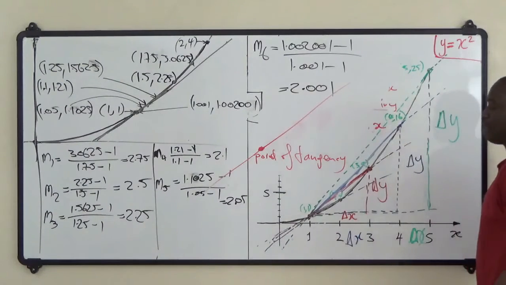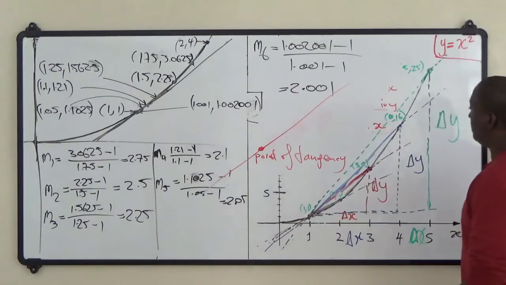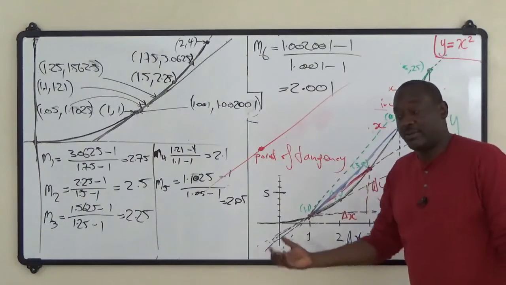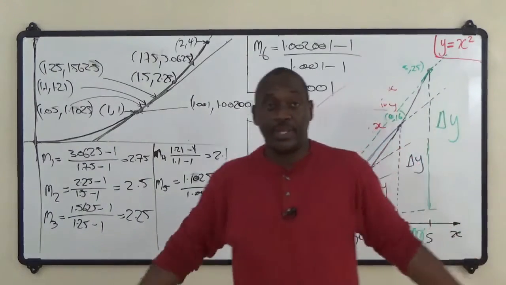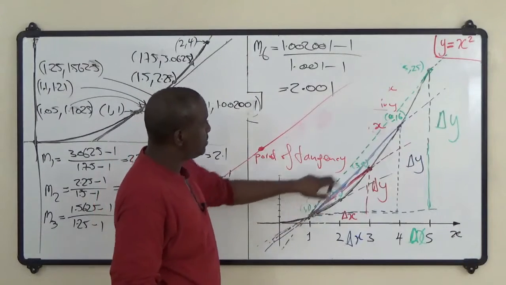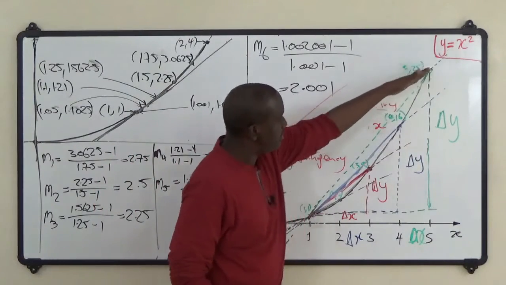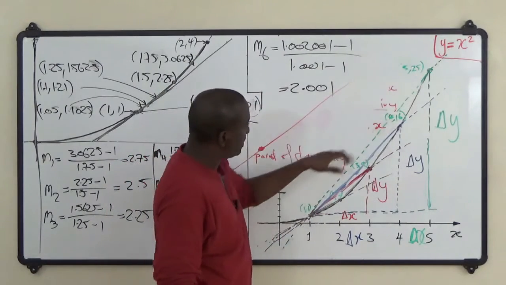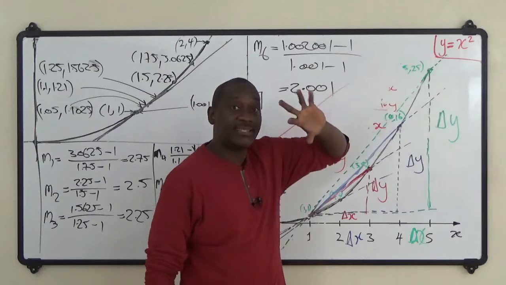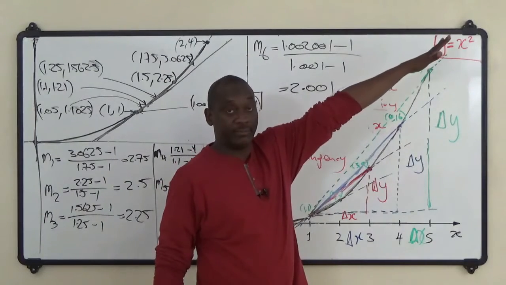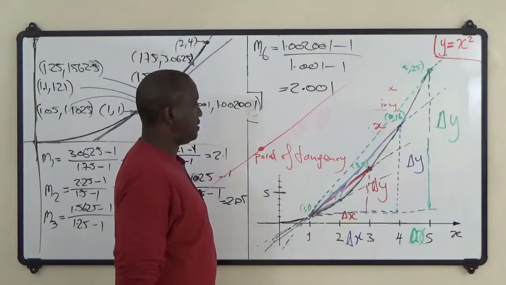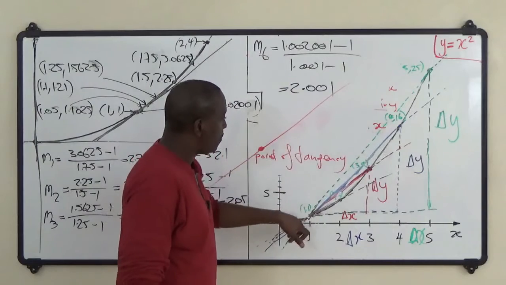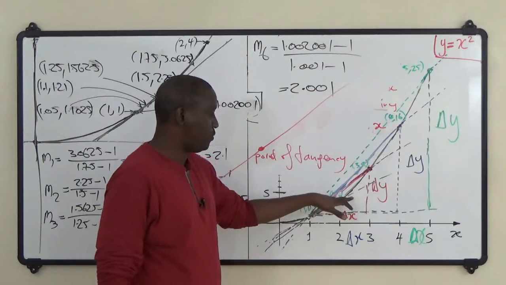So in other words, the gradient of the chord will be equal to the gradient of the secant, because the secant is just the extension of the chord. The chord between the point 1, 1 and the point 5, 25 is a line segment on the overall secant line that passes through those 2 points. And the same argument goes for all the other pairs of points: 1, 1 and 4, 16; 1, 1 and 3, 9; 1, 1 and 2, 4.